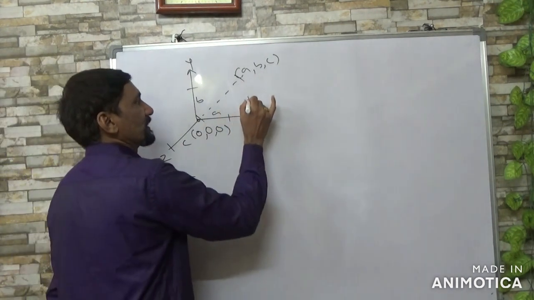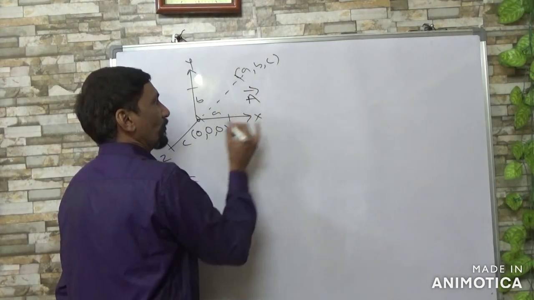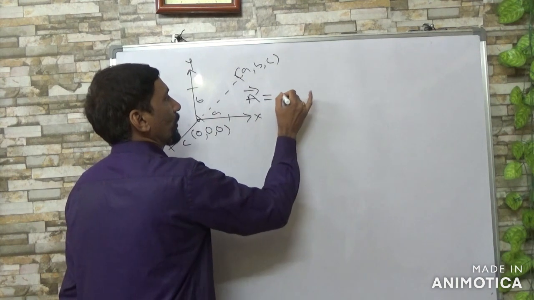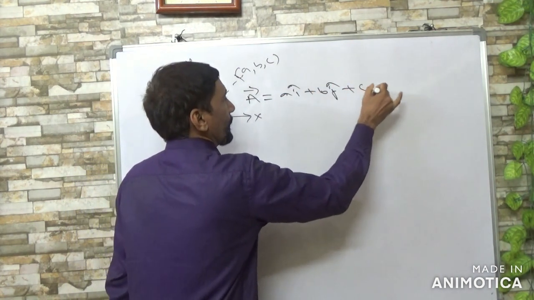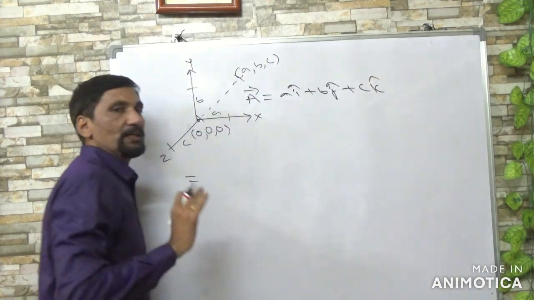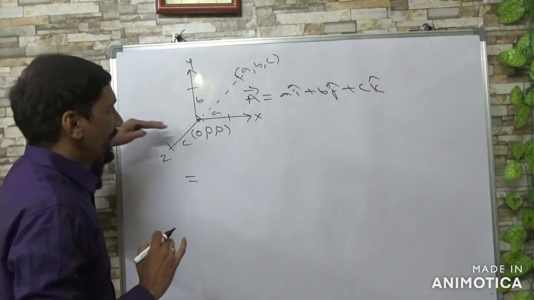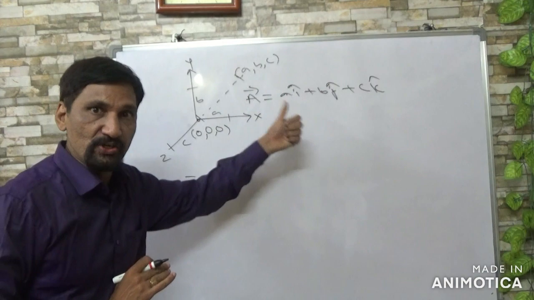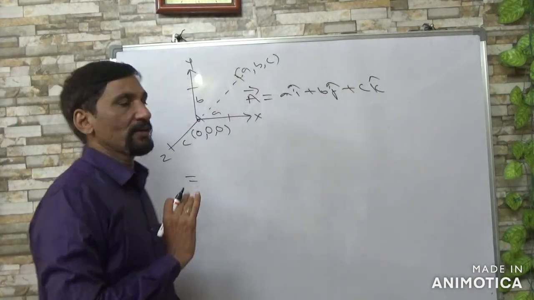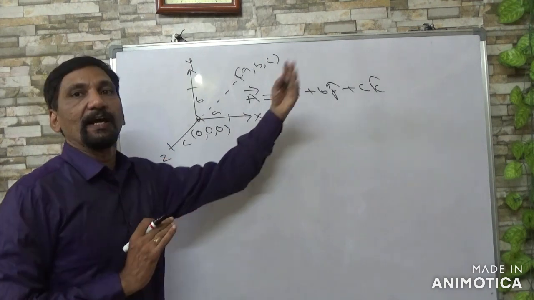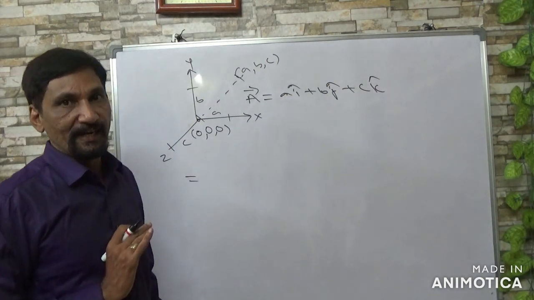You can represent this in vector form, that is A bar equal to A i plus B j plus C k. Why? It covered A unit distance along x direction, B unit distance along y direction, C unit distance along z direction.